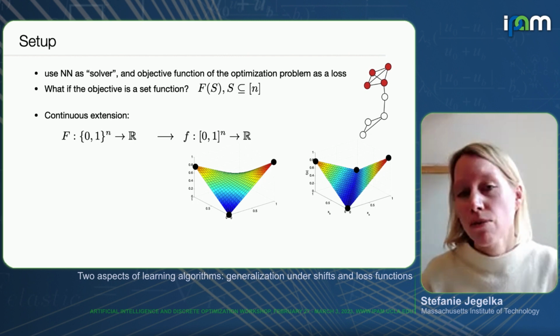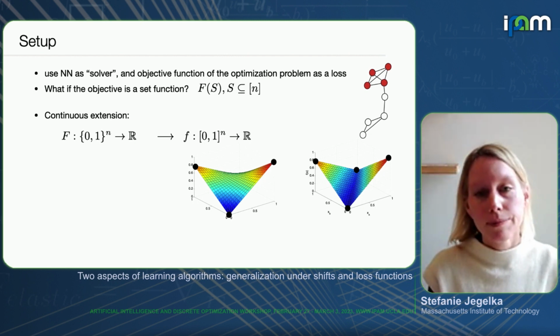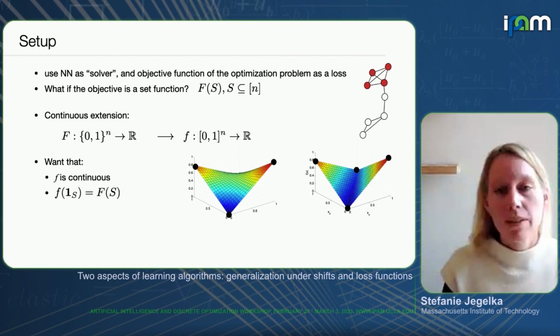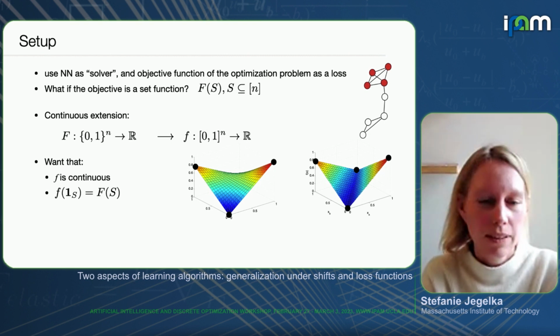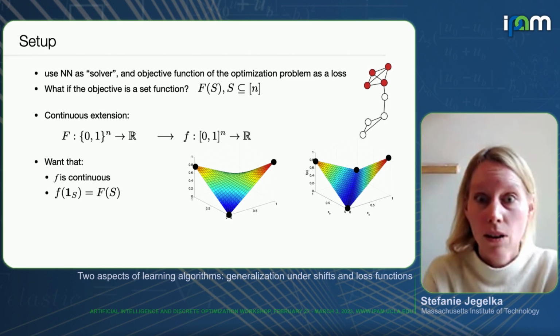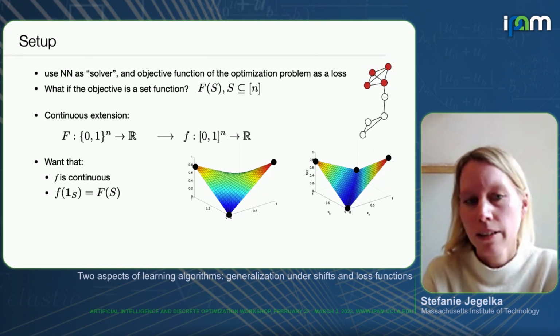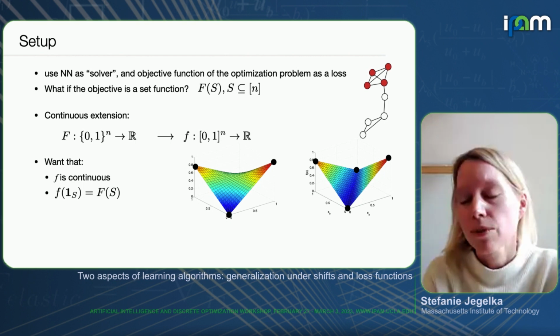If you have a linear function, this would just correspond to an LP relaxation. What do we want from this relaxation? We want it to be continuous, because otherwise it's difficult to use as a loss function. And we want it to be an actual interpolation, meaning at the discrete points, it should coincide with our set function. That's what these won't satisfy.